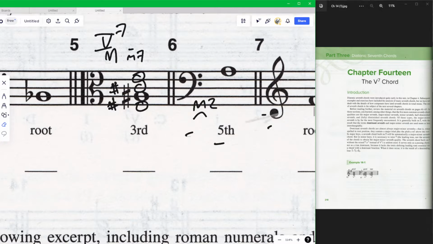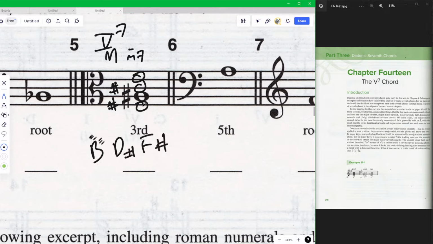That's easy. You know how to spell your triads, don't you? So spell a triad where the F sharp is the 5th. I'll give you 2 seconds. So you should have gotten B, D, F sharp, or D sharp if you wanted to go major triad. Doesn't matter, we're just looking for B natural, I should say.